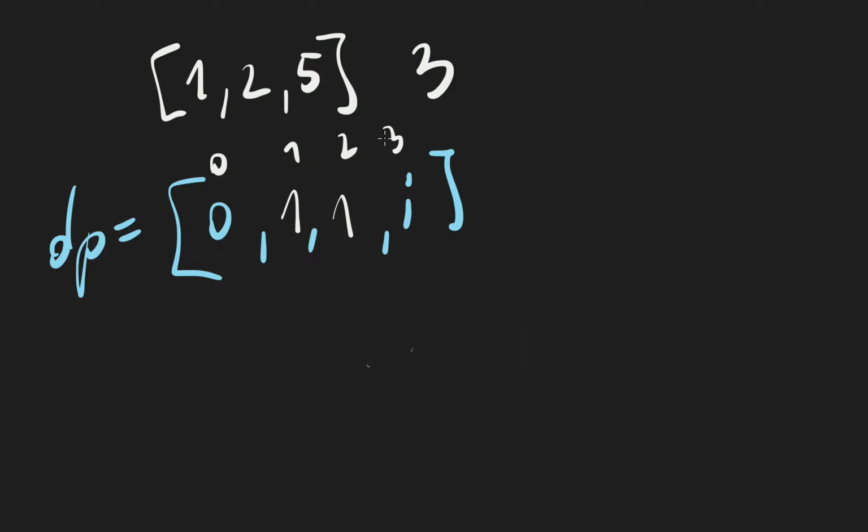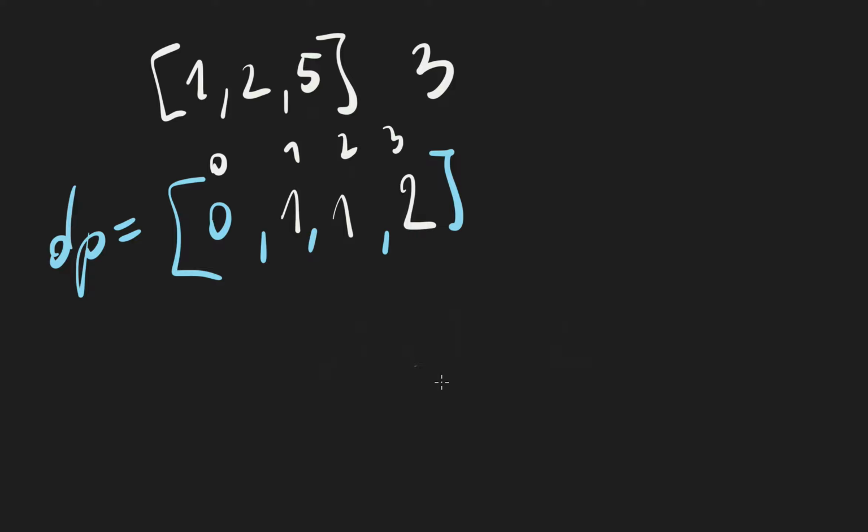Now we're at number 3, so we loop over every coin, starting with 1. Taking 1 coin, the remainder is 2. Look at this entry here: we need 1 additional coin, so 1 plus 1 is 2. So we write 2. Okay, this is for coin 1.